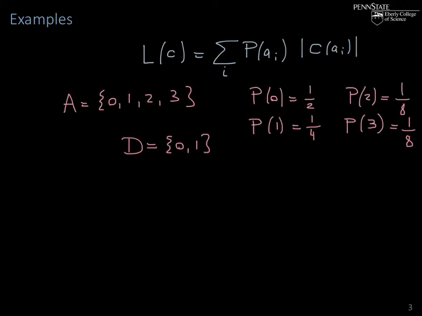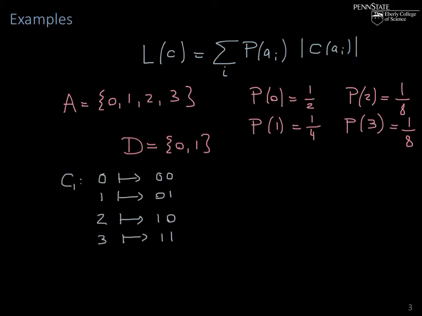Assume we have the following random variable. Our set A has 4 outcomes, and the probability of outcome 0 is 1/2, of outcome 1 is 1/4, the probability of outcome 2 is 1/8, and outcome 3 also 1/8. We want to design a binary code for this random variable.